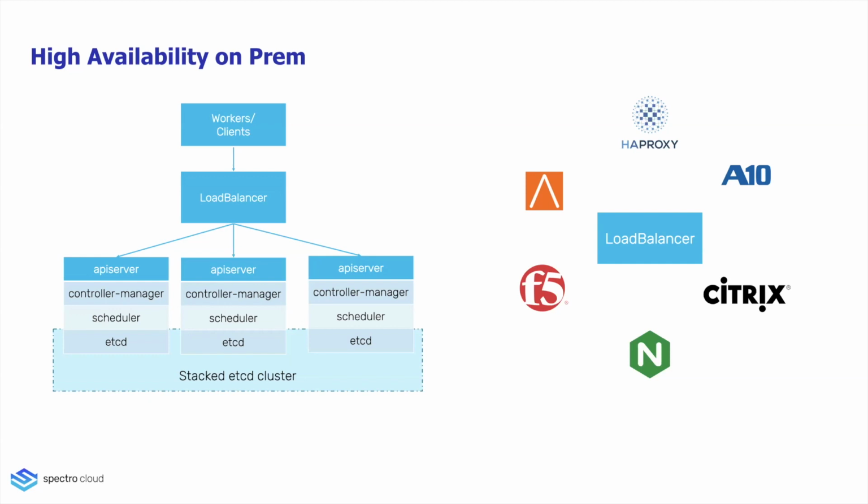On public cloud, it typically uses the cloud load balancer, like ELB. And for on-prem, there are many different options. There are open source solutions like HAProxy or Nginx. There are also commercial ones like F5 or A10.